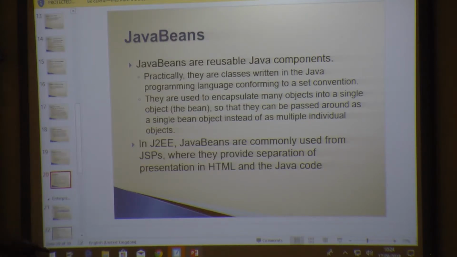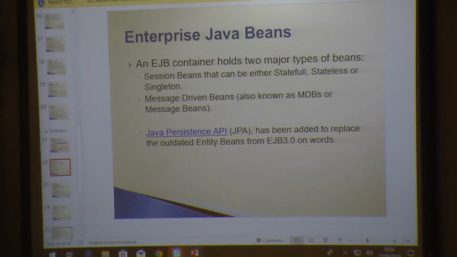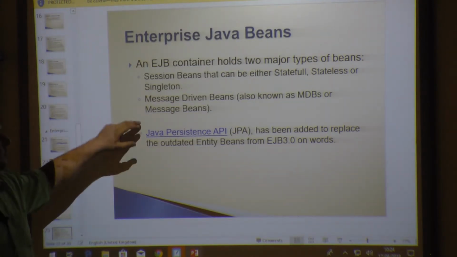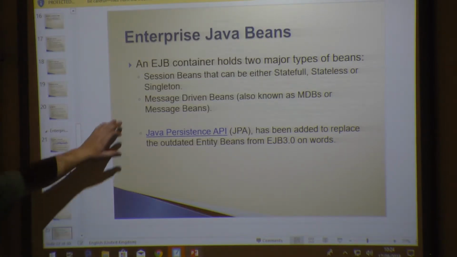Okay. So then there's a mention of just Java beans and your enterprise Java beans, where it mentions to us the different ones. We have session beans, which can be stateful, stateless, or singleton, and message-driven beans.